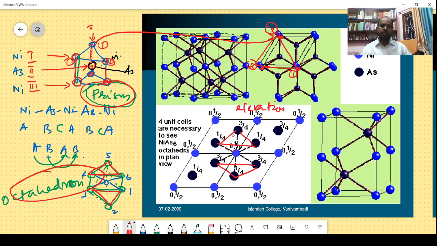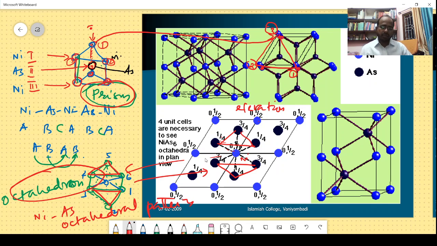Okay, now this triangle is quite opposite of this one and it resembles this one. So therefore I can say that nickel atom, this nickel atom is in a manner similar to this. Therefore, nickel atom is surrounded by arsenic atoms in an octahedral pattern. Octahedral pattern. That is what it is.